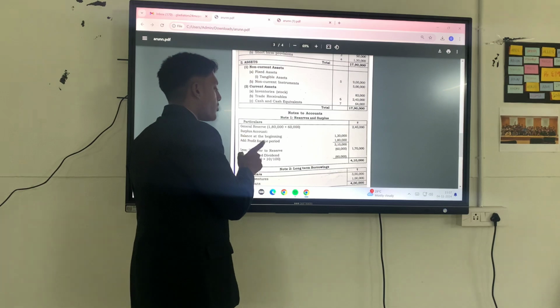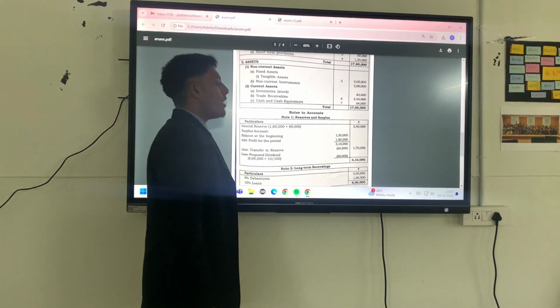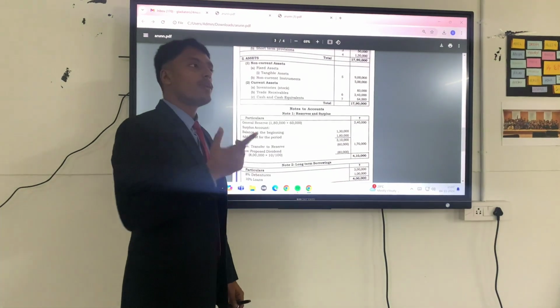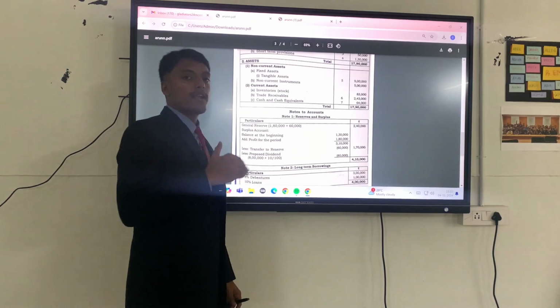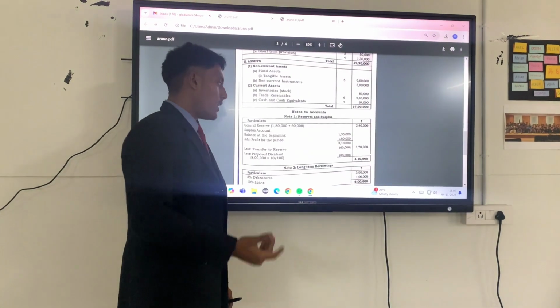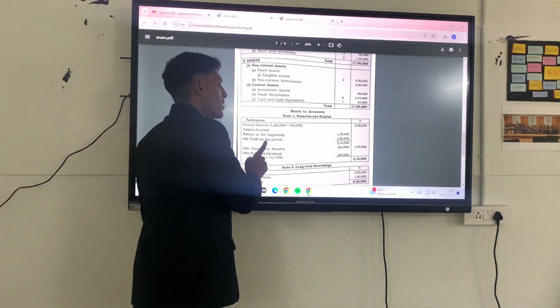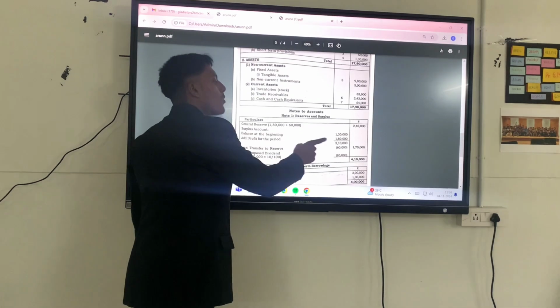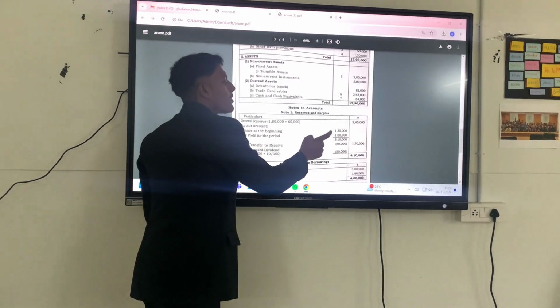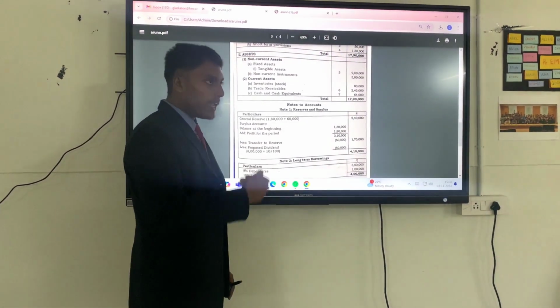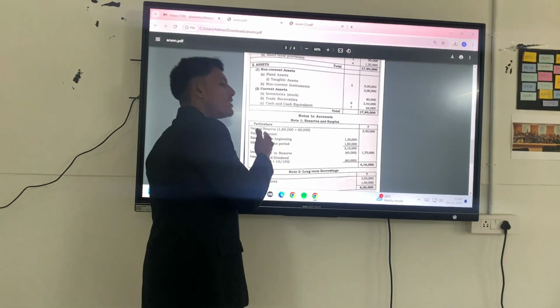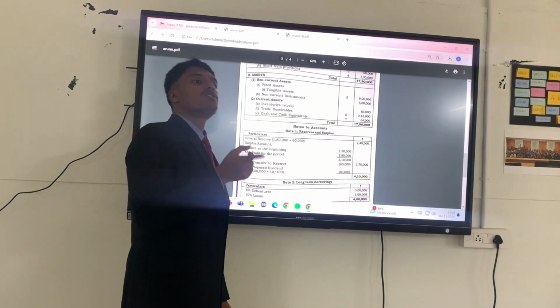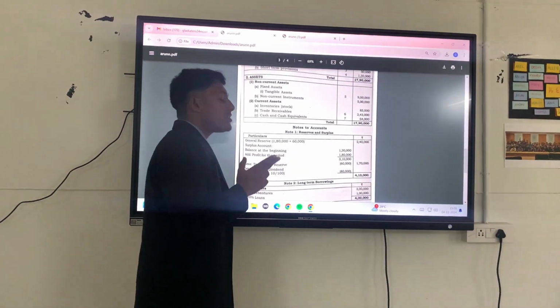Then last, the transfer to reserve, which in the adjustment is given that 60,000 has to be transferred to general reserve. That is why we are subtracting 60,000 from this 3,02,000. Then there is also a proposed dividend, given in the additional information.